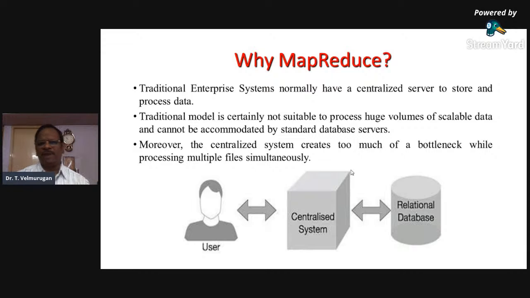To avoid the inefficiency of downloading and processing multiple files using relational databases and traditional approaches, we require a special approach, which is MapReduce in Hadoop.